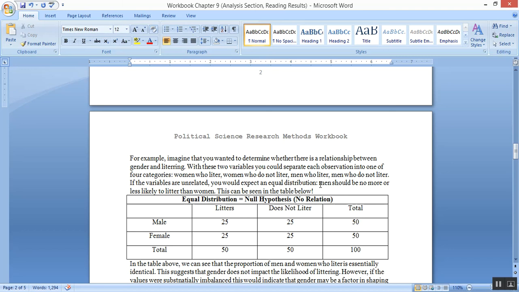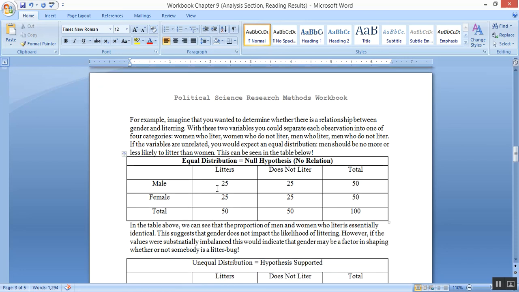Okay, so if you create two categories, one for each gender, and then you subdivide those into two categories, litter and does not litter, you get a total of four. You've got men who litter, men who do not litter, women who litter, and women who do not litter. And what we would expect to see is an equal distribution if there was no relationship between these two variables.